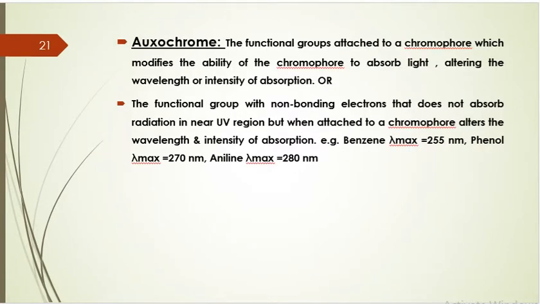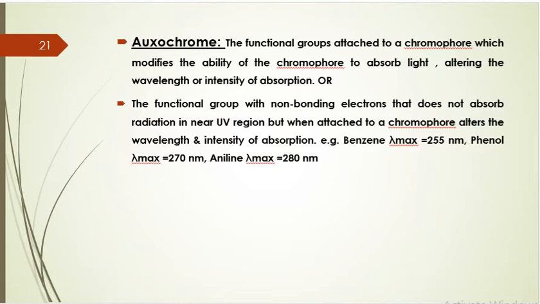Now, discussing oxochromes. Oxochromes are functional groups which are attached to the chromophore, and they modify the ability of the chromophore to absorb light, altering the wavelength or intensity of the absorption of radiation.